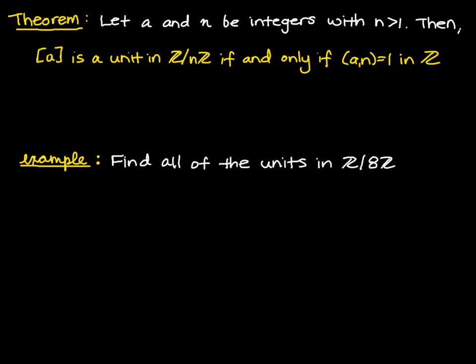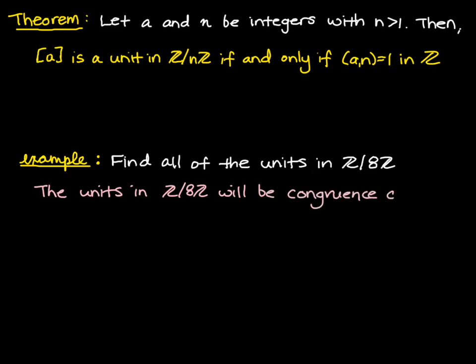If we look back at this same example, find all of the units in Z mod 8Z, we know that the units in Z mod 8Z will be congruence classes A, where A and N are relatively prime.